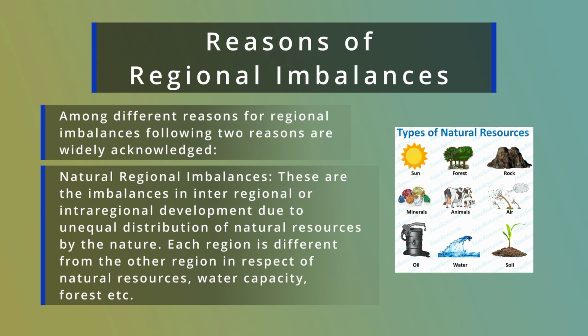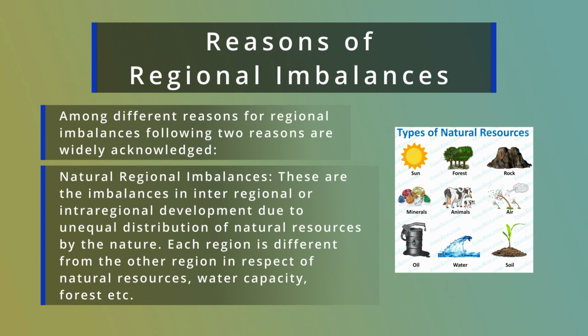Along with this, two separate reasons are also identified for the regional imbalances. One is natural regional imbalances and another is man-made regional imbalances. In case of natural regional imbalances, different regions are endowed with different natural resources gifted by nature. Therefore, their development status is also different, and this variation of the development status is natural.